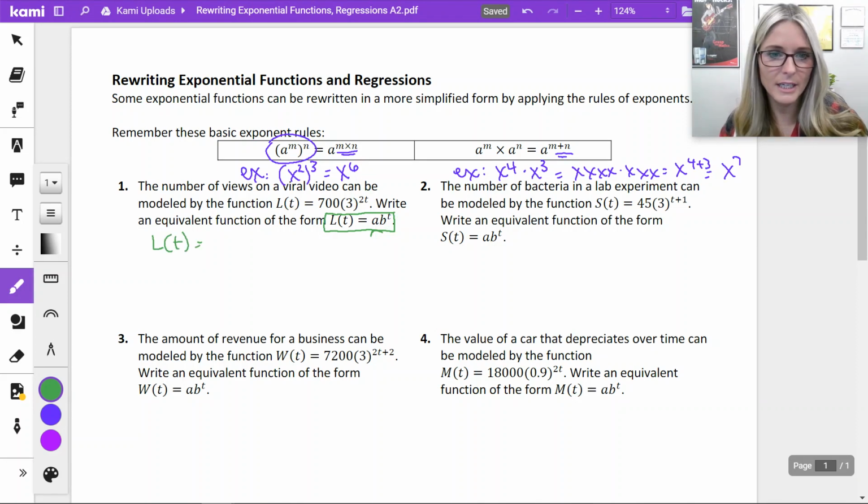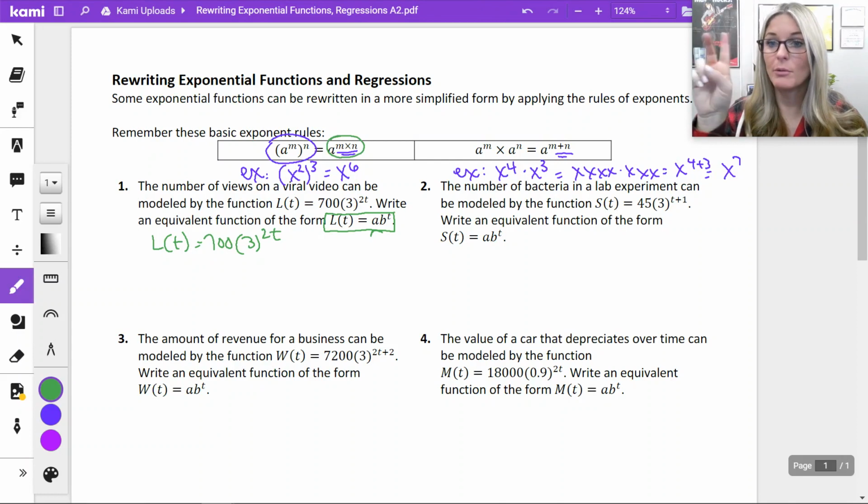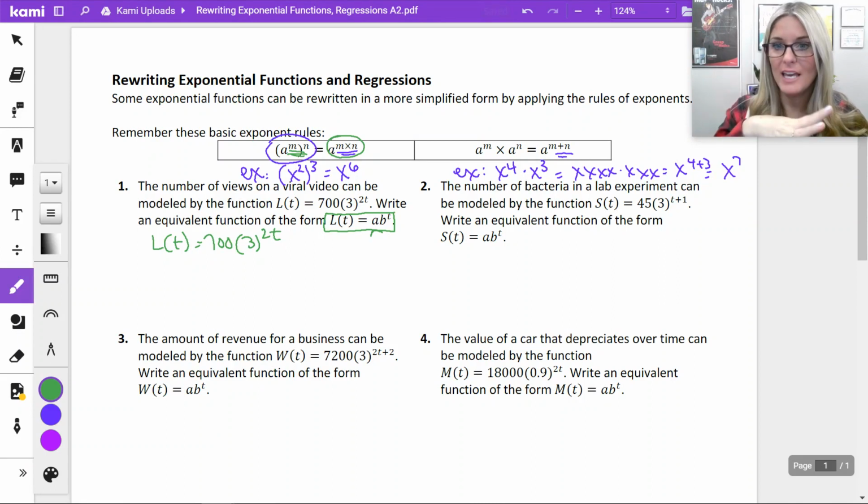So I have L of t equals 700 times 3 raised to the 2t. Now we're going to use our exponent rules a little bit backwards. So go up and let's look at that first exponent rule. It said if we had exponents that were multiplying, m and n, if they are multiplying, it was originally m on the inside, n on the outside.